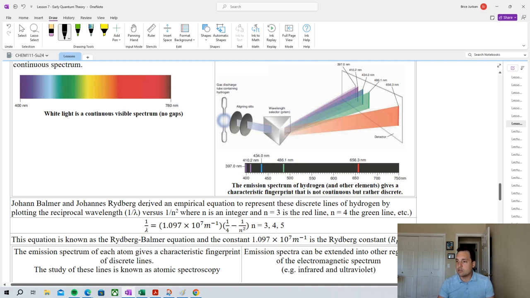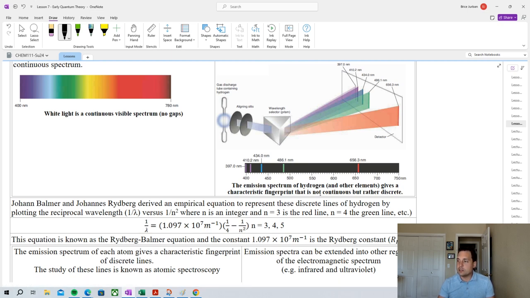So he and Johannes Rydberg derived an empirical equation to help represent these discrete lines of hydrogen. If you take the reciprocal of the wavelength, so 1 over the wavelength, and plot it against 1 over n squared, where n is any integer from 3 and so on, you'll end up getting a straight line.